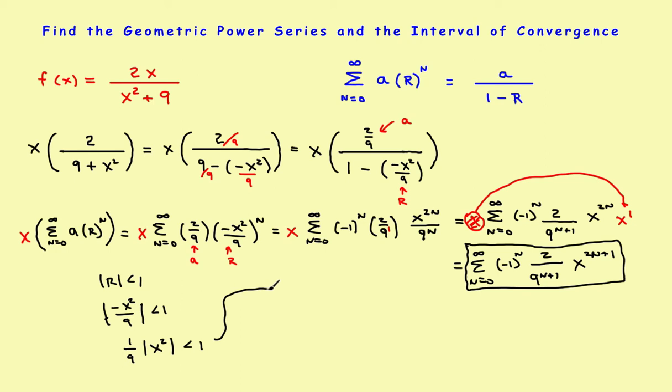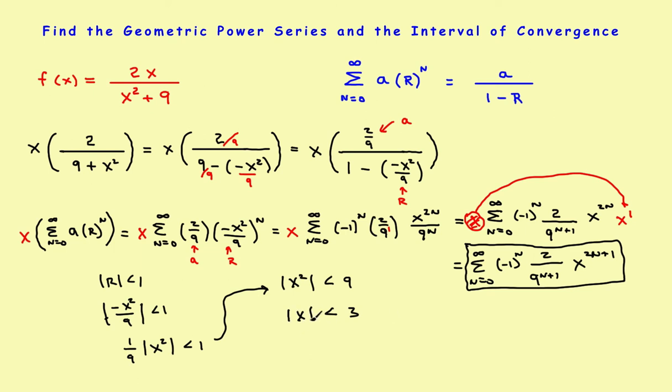Then we'll move it up to here. Next step, multiply both sides by 9. So you'd have the absolute value of x squared is less than 9. Now again, if the absolute value of x squared is less than 9, then the square root of both of those would give you the absolute value of x has to be less than, square root of 9 is 3.